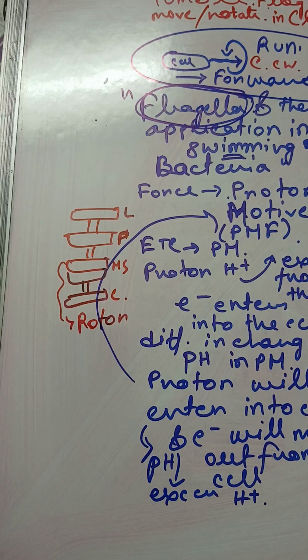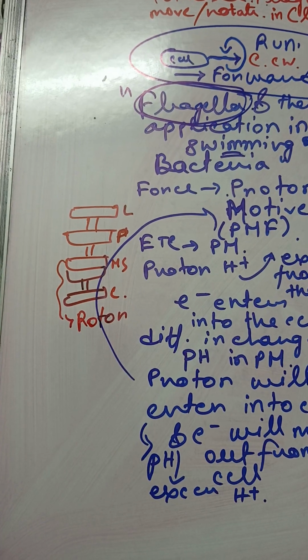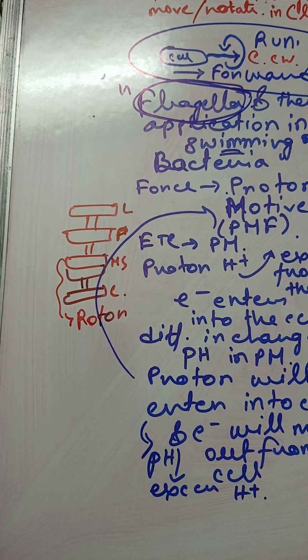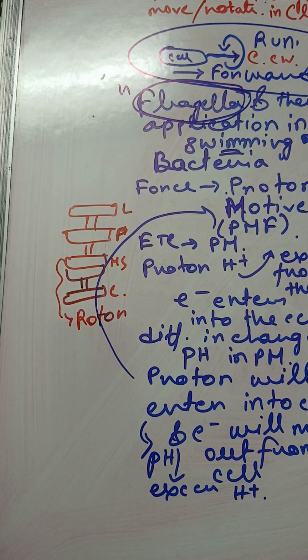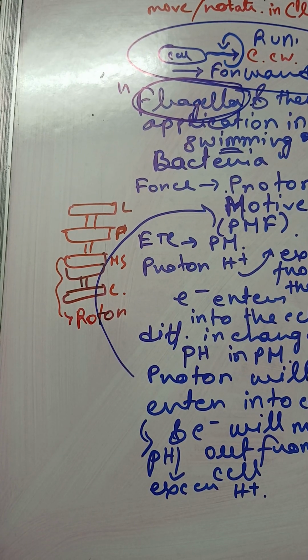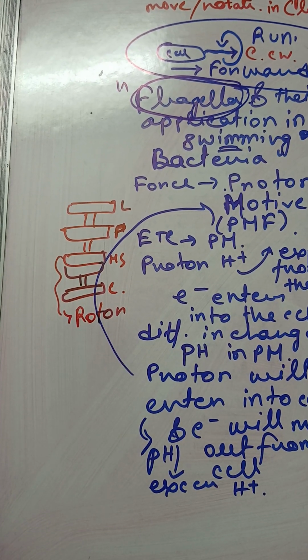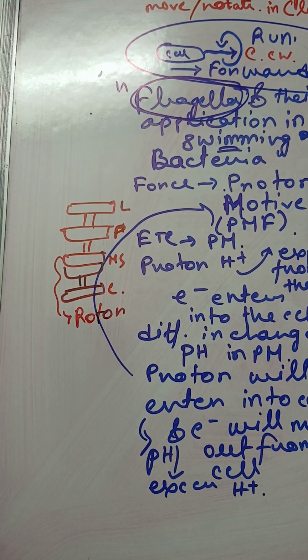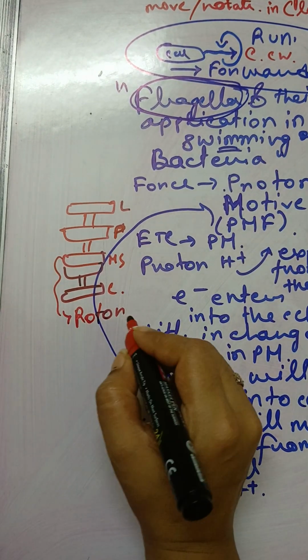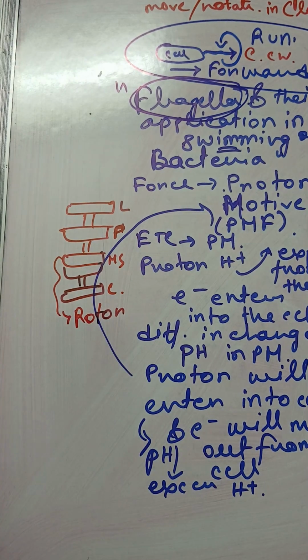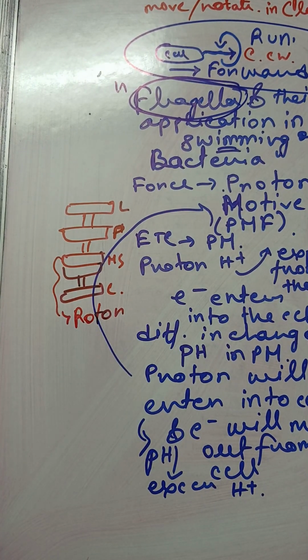Or you need any kind of machine which will use the torque, or the power, to take out something from somewhere. So imagine that thing: this is a rotor, or there is a pump. The MS and C ring of the basal body of a gram-negative bacteria act basically as a rotor.